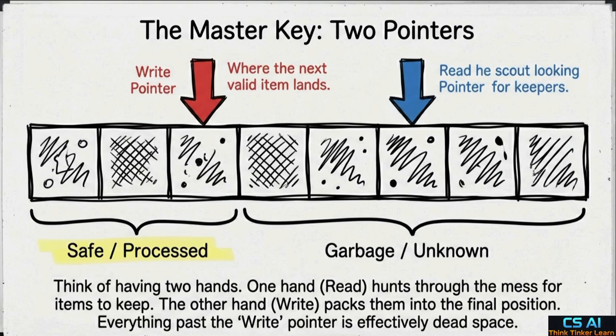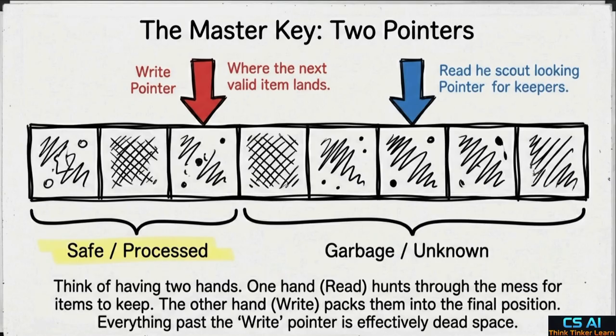To master the in place world, you need a master key. That key is the two pointer technique. Think of it like having two hands working on the same array simultaneously. Your first hand is the read pointer, that is your scout. It hunts through the mess of the array looking for keepers, the elements you actually want to stay. The second hand is the write pointer. This marks the spot where the next valid item needs to land.